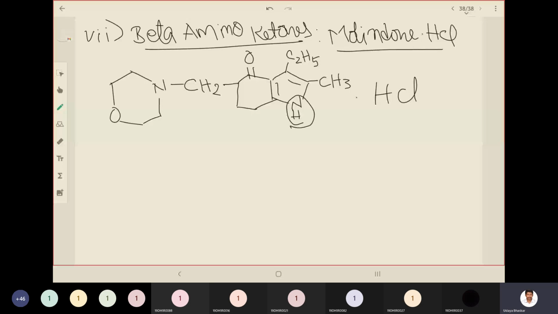And the last structure is benzamides. The example is sulpiride. Observe this structure. This phenyl group is the central atom. You have sulfur dioxide.